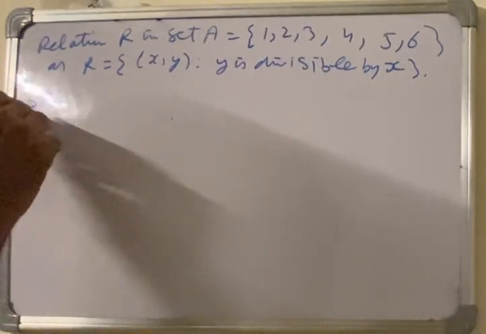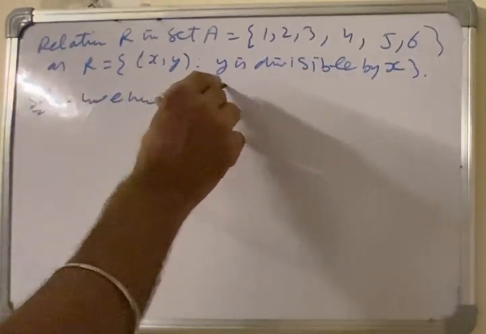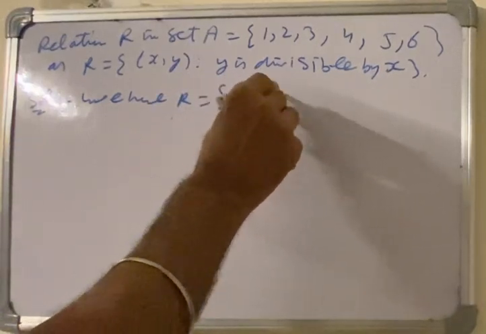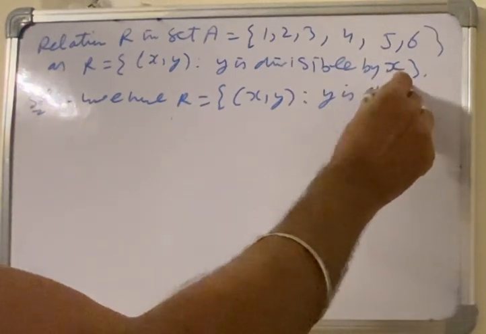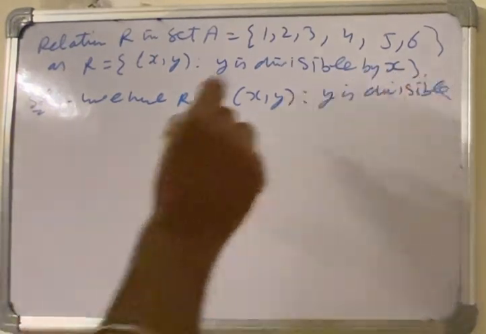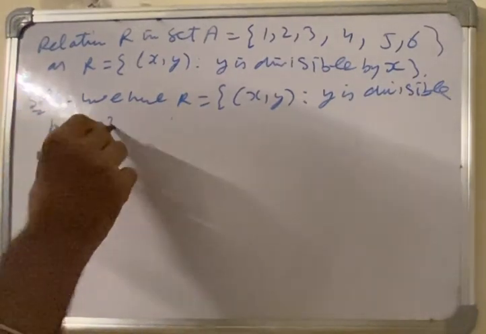Solution: we have R equal to {(x, y) such that y is divisible by x}.